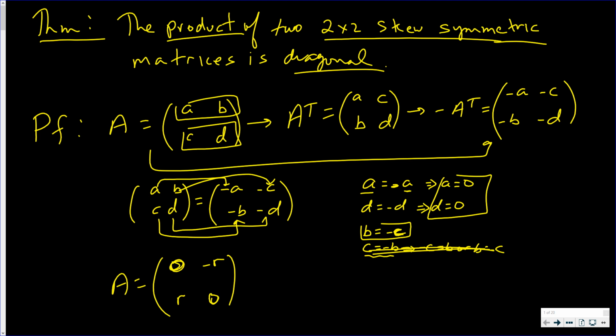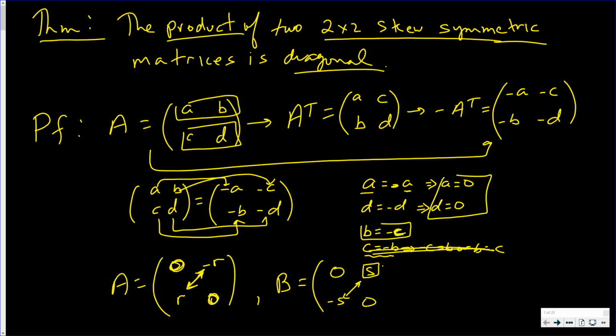What's on the main diagonal has to be 0, and the other two entries just have to be negatives of one another. So we can quickly come up with another one: 0, 0, and I don't know, S and negative S. Sure, I could have put the negative S there. But these two numbers just have to differ by a negative sign.